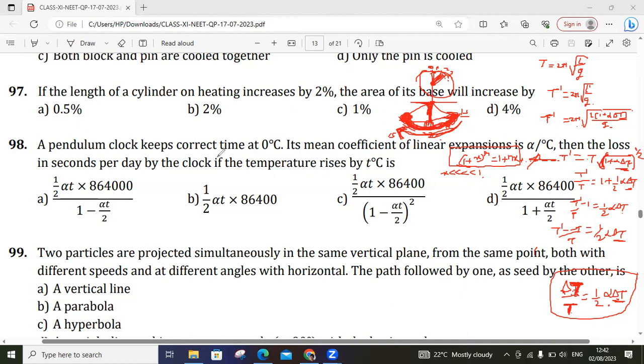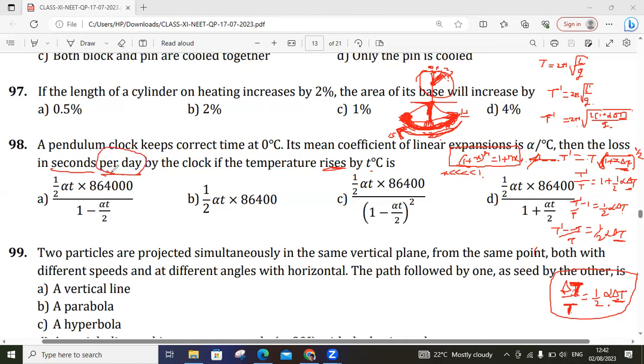And one more thing to notice. They're asking, here temperature rises, so it loses time. How much is the loss in time, loss in seconds per day? So they are asking for the per day loss.